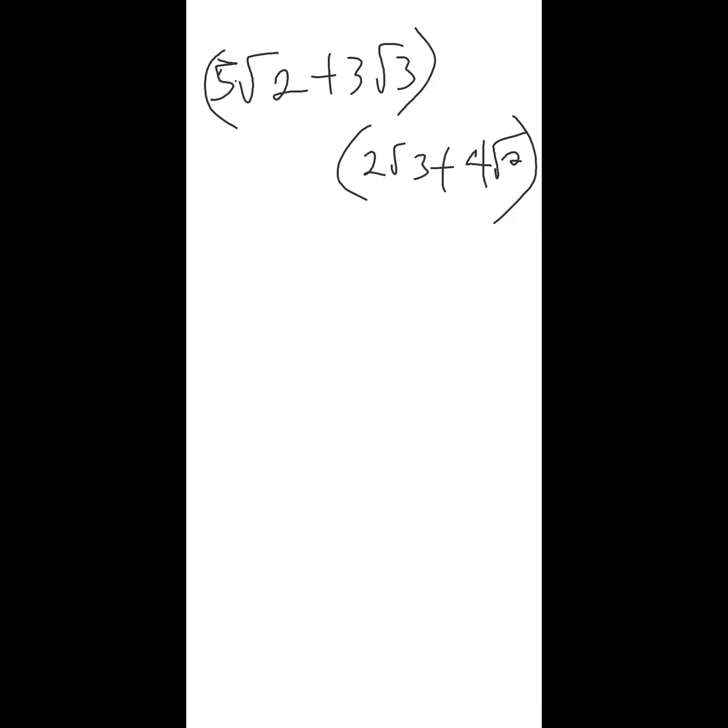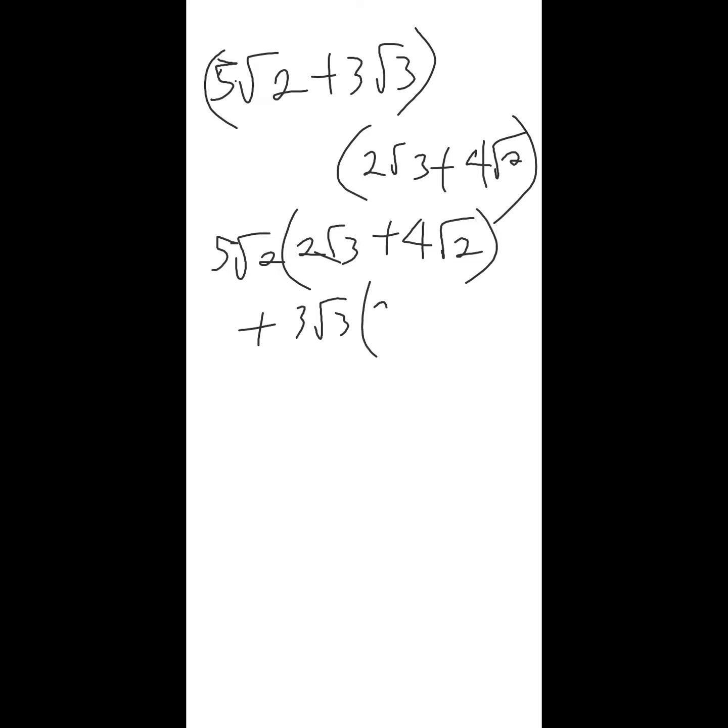So whichever way you choose to expand your bracket, either you expand it separately, just like I did the last one, I can put 5 root 2 outside the bracket to expand 2 root 3 plus 4 root 2, then plus 3 root 3 into bracket 2 root 3 plus 4 root 2. Okay, I can do it like this. And I can also use another expansion, which will of course give us the same answer. Let's just go by this one.